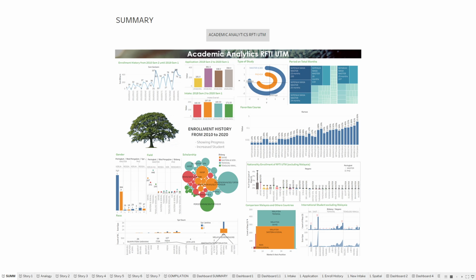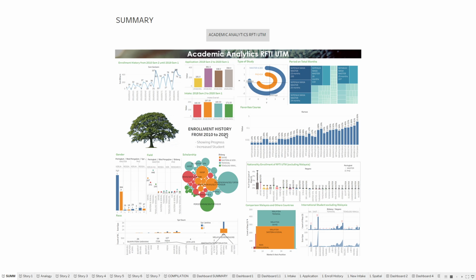Then from the enrollment, we focus directly on the elements inside the academic analytics, such as type of study, period of total months, favorite scores by the postgraduate students, gender, field, scholarship, nationality, and then the comparison of academic achievement between Malaysia and other countries.